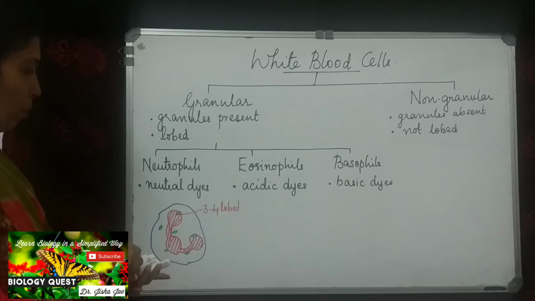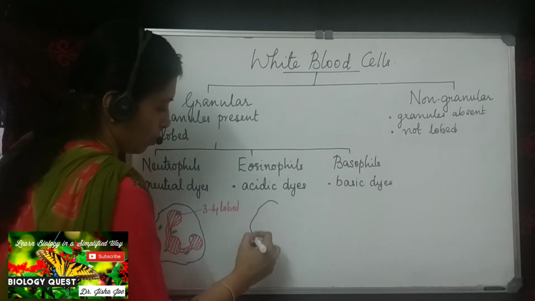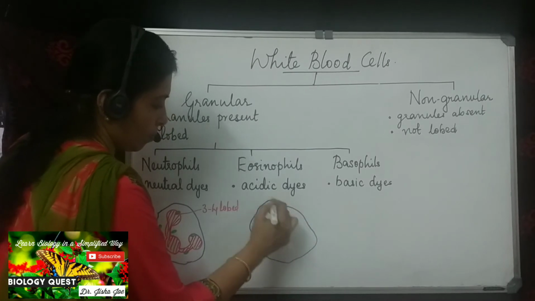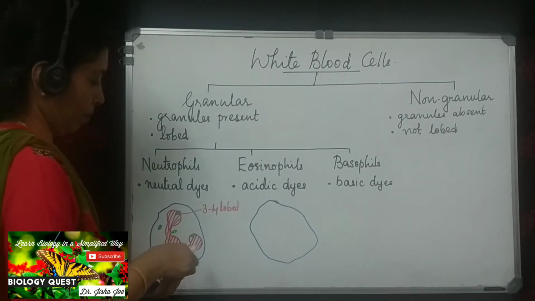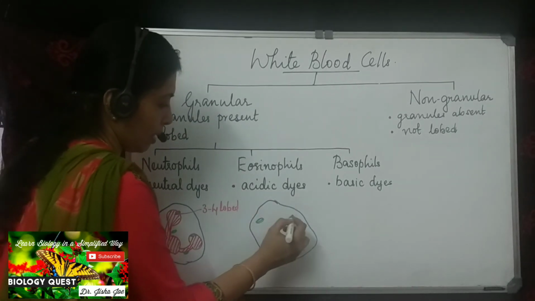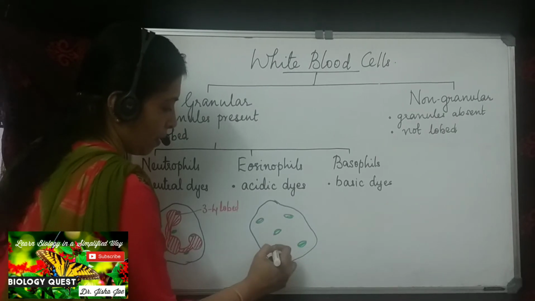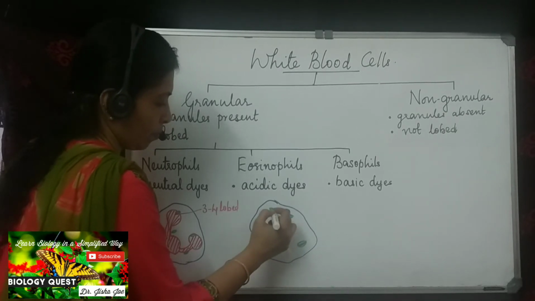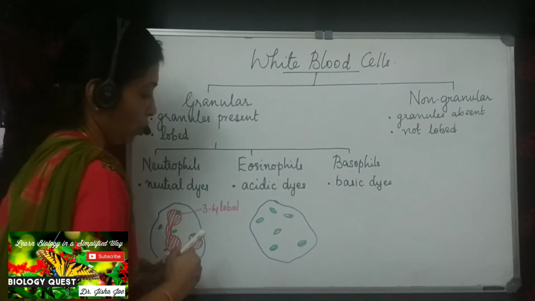Now when we move on to the eosinophils, I am drawing the eosinophil. It is also granulated, but you can see the granules are a little bigger in size. And the nucleus is 2 lobed.